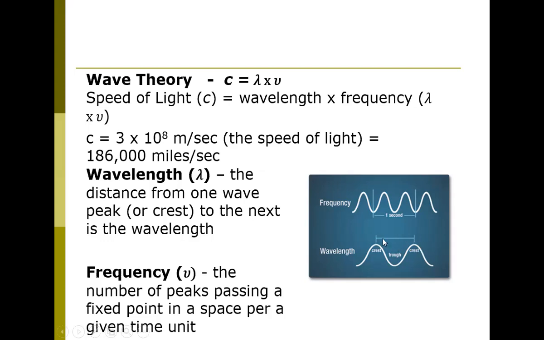This can be said as wavelength. Frequency is the number of peaks passing a fixed point in space per unit time, or, as we understood from school, the number of oscillations per second.